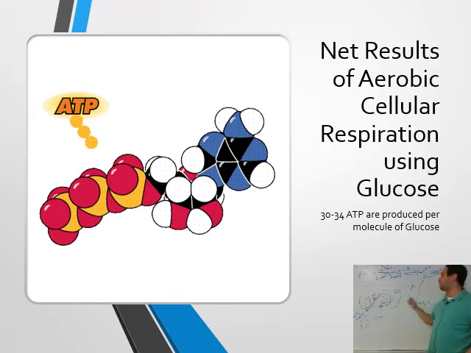Net result is you're now producing 30 to 34 ATP from this process. You're taking the energy of one molecule of glucose, and through all 4 steps, converting it into 30 to 34 ATP. It depends on how efficient the system is.